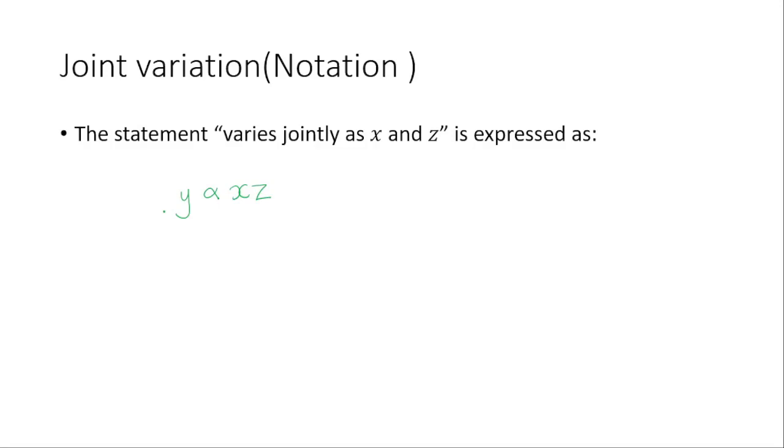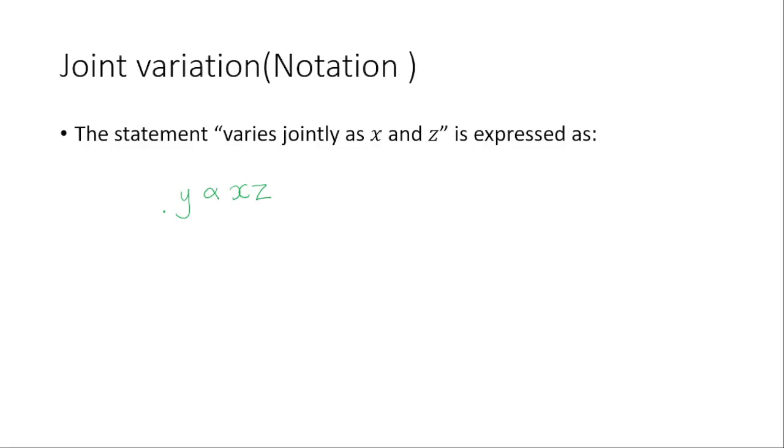So y varies jointly as x and z, but with joint variation, you have to look at the given situation. You will have situations where one variable is directly joined to another, and the other variable is inversely joined to another.